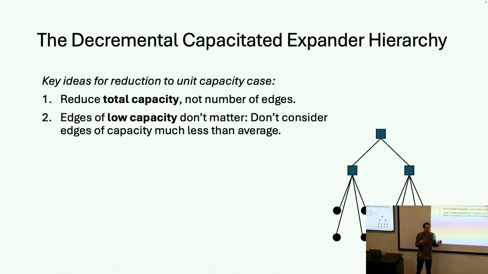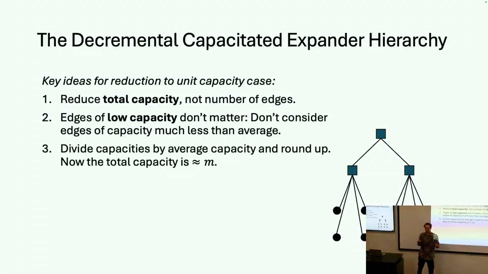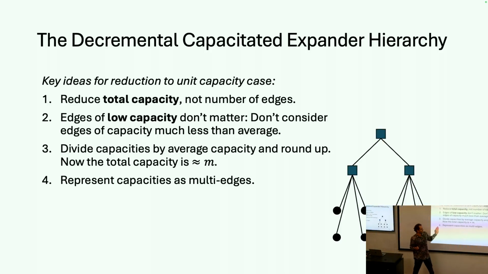So you can just ignore all edges of much below average capacity, then divide the others by the average capacity, which then gives you that the total capacity left over is roughly m. And now you just use multi-edges to represent these. And this is the whole algorithm. So for decremental graphs, this again gives you such a nice tree, even if there's capacities.